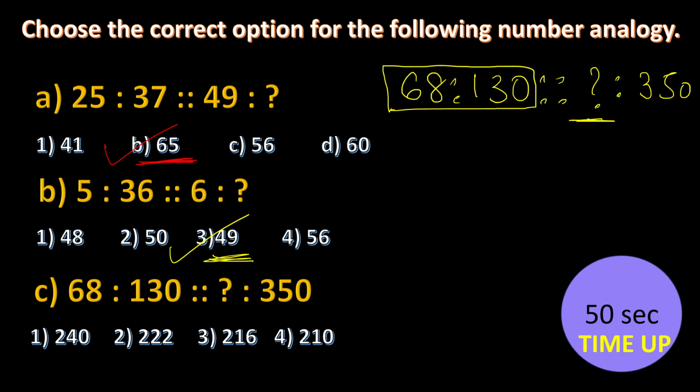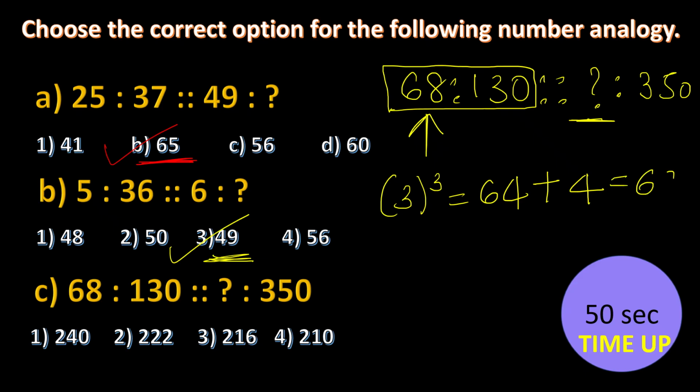So in 68, 3 cube will be 64 plus 4 they have added, which will give you 68. Then the next one you have is 5 cube.